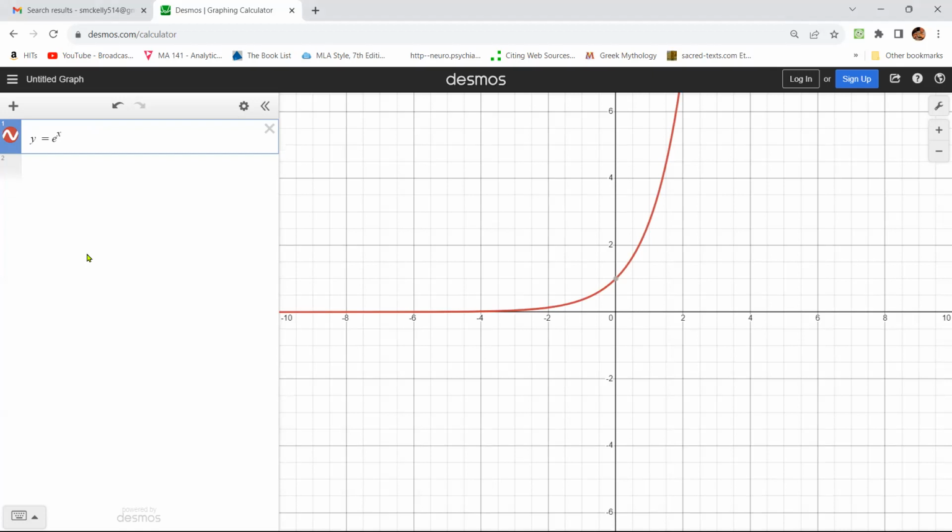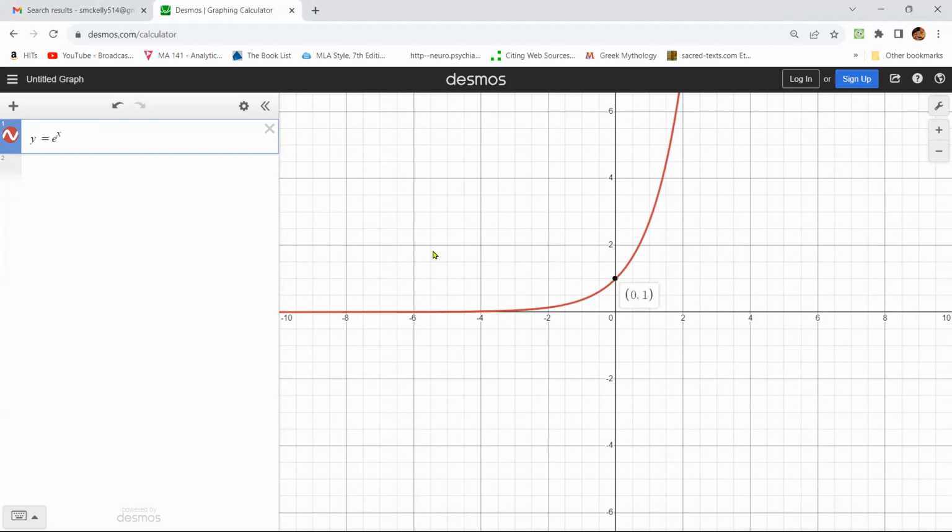So it's an increasing function with a horizontal asymptote at the x-axis, and it goes through the point (0, 1), right? Because e to the 0 is 1.